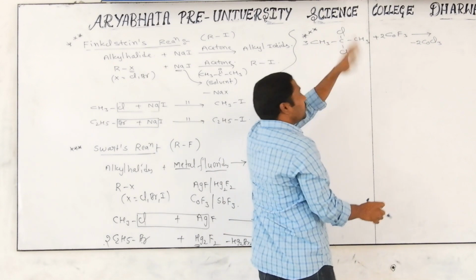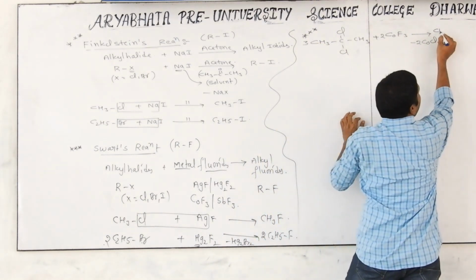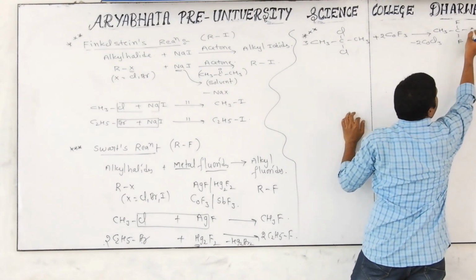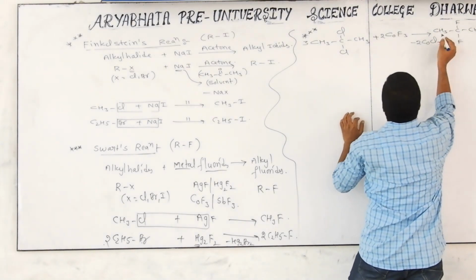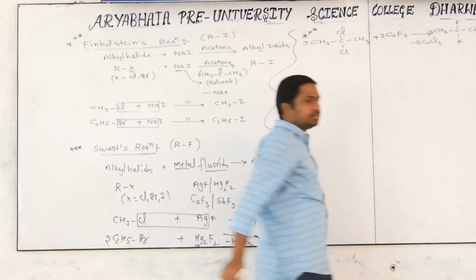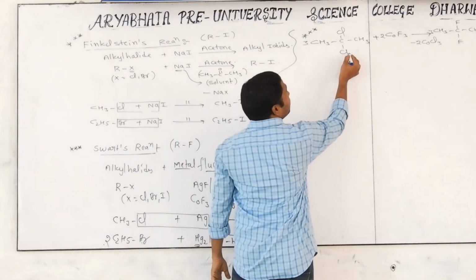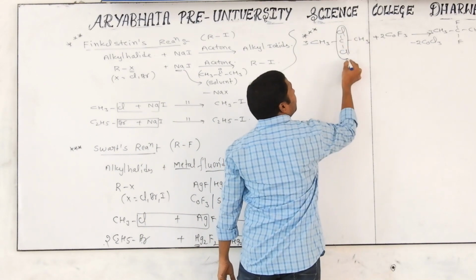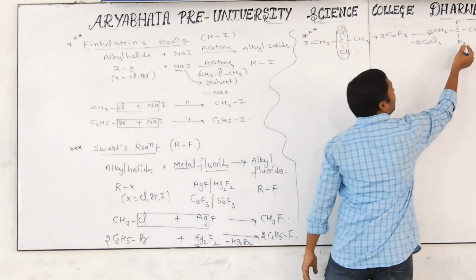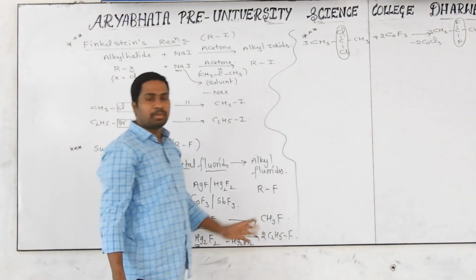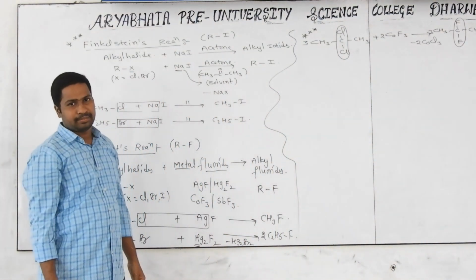Now the chlorines are replaced with fluorine atoms, and we get CH3CF2CH3, 3 moles. But the condition is that if you want to replace more than 2 halogen atoms from the same carbon at a time, you should use a special and powerful reagent, cobalt fluoride or antimony fluoride.